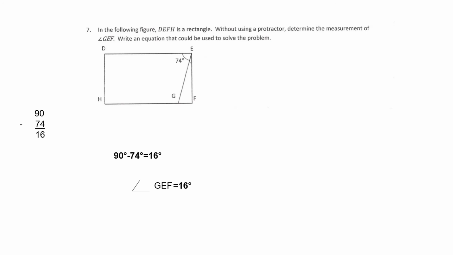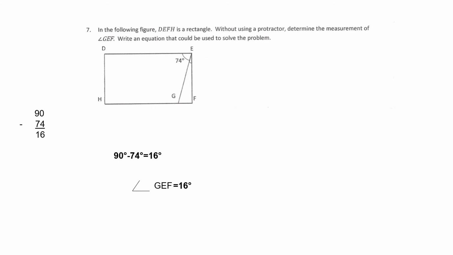So here we are. The following figure, DEFH, is a rectangle. So we do know that all of these angles are right angles. Without a protractor, determine the measurement of GEF and write an equation. Well, we know that DEF is 90 degrees.